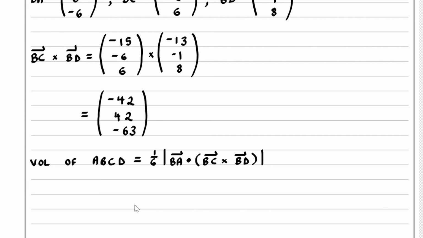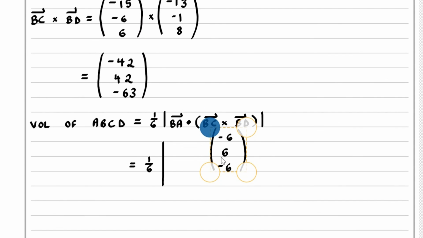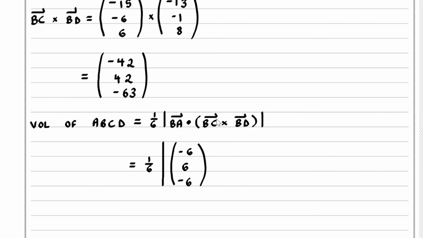So let's work this out. I've got 1/6 of, well, I've got BA, which is this vector here, and then what I need to do is dot this with this vector here.